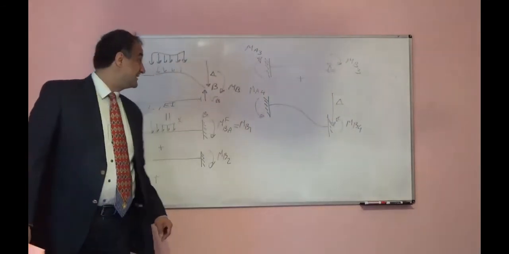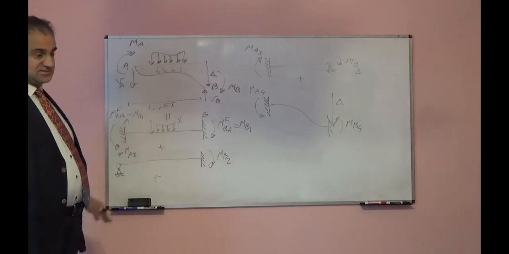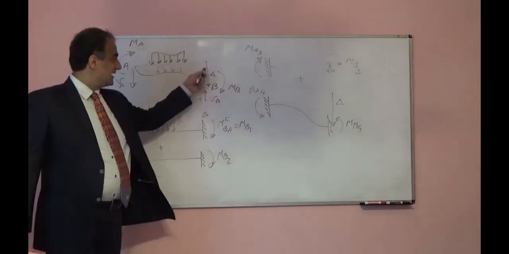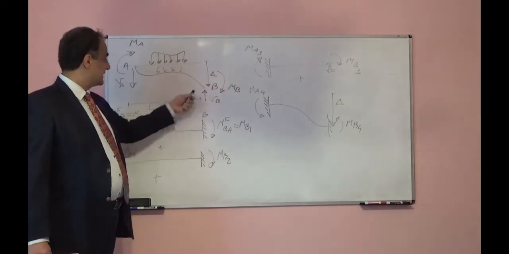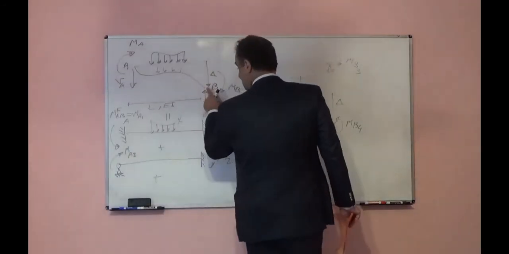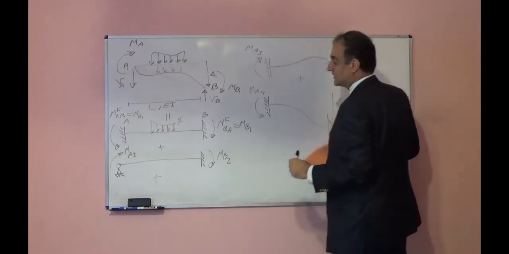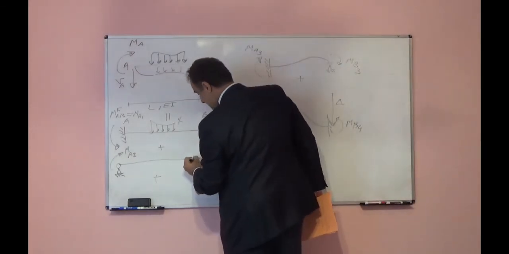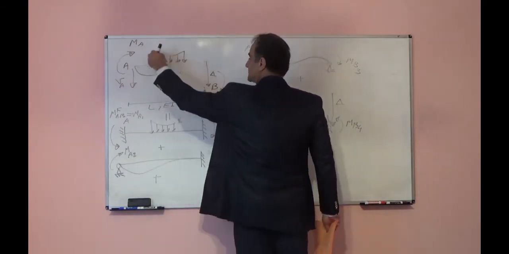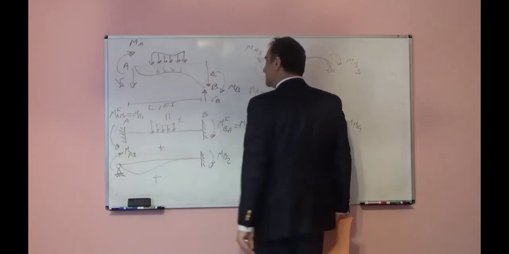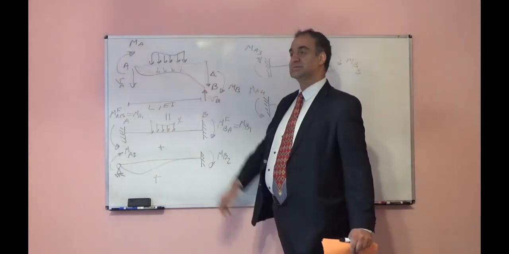So if we add these four systems together, we will have the initial system in general case. We will have lateral deflection, we will have MB here, MA here, because we will have rotation at joint B, rotation at joint B like this, rotation at joint A like this, and end moment because of this external load. So these four systems' summation using superposition will give us one member.